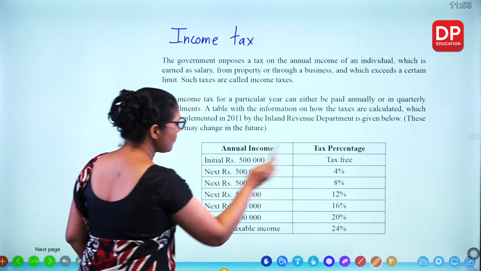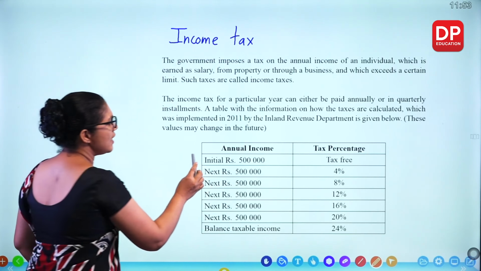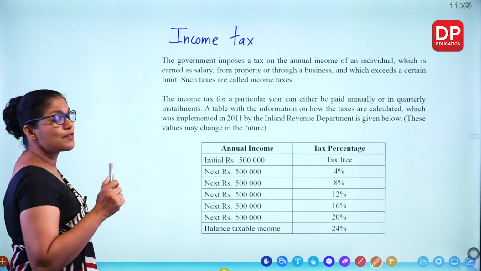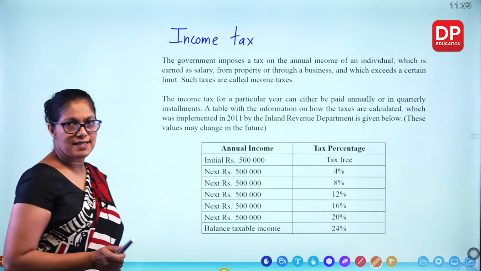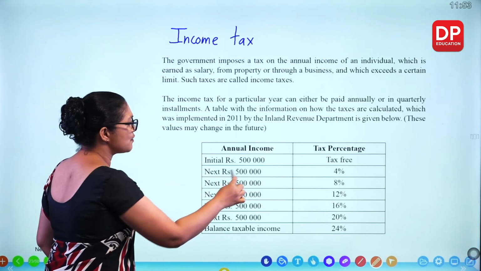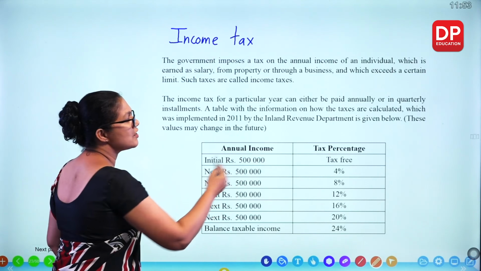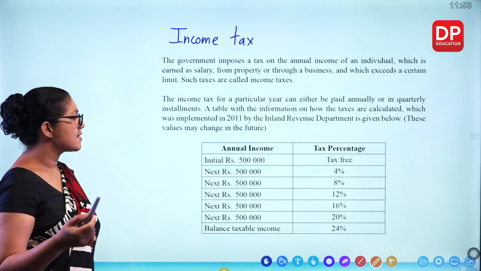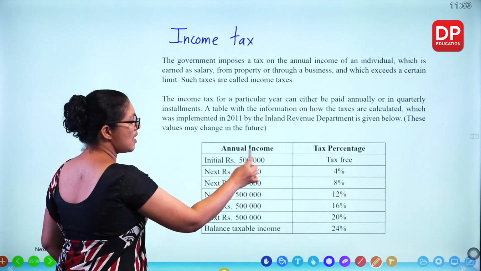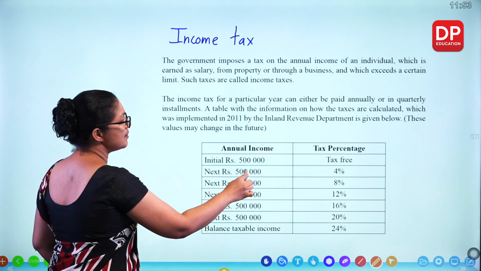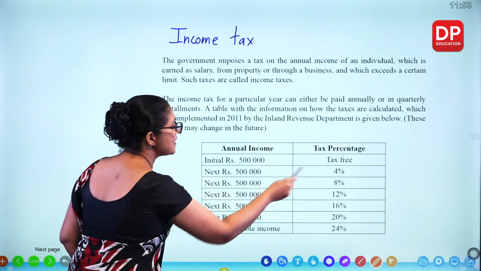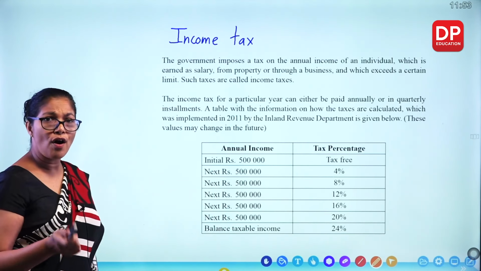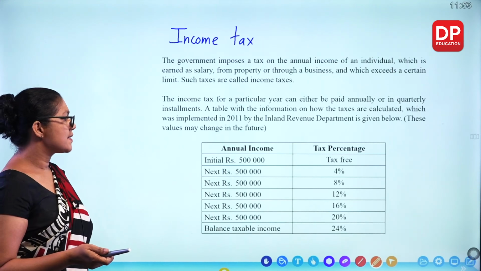Here, initially, for the first 500,000 you don't have to pay any tax. But for the next 500,000, they are charging 4%. For example, if your salary is 1 million, then you have to pay this 4% tax only for 500,000 rupees.